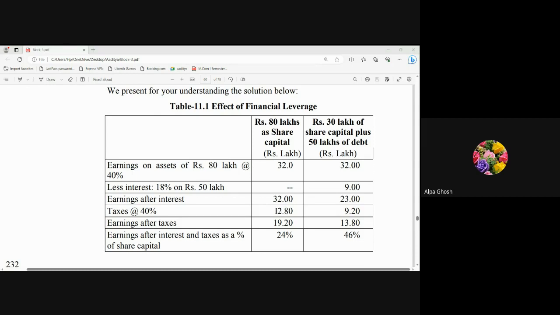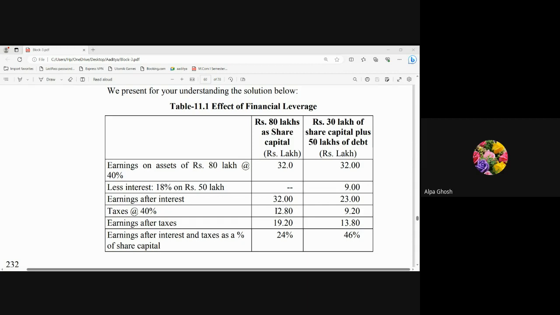The first one, where you can see it is written rupees 80 lakhs, is your share capital. So in the first option, the capital structure is 100% equity share capital. The second option is a debt equity mix.